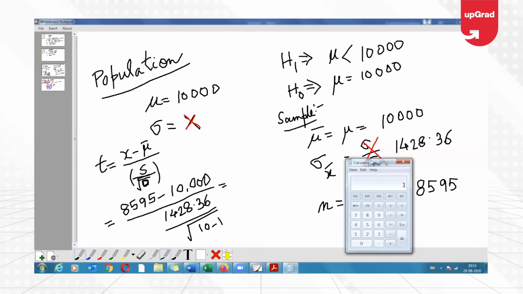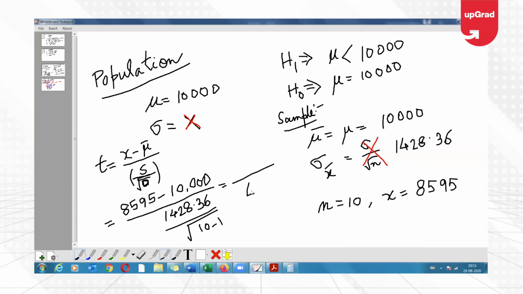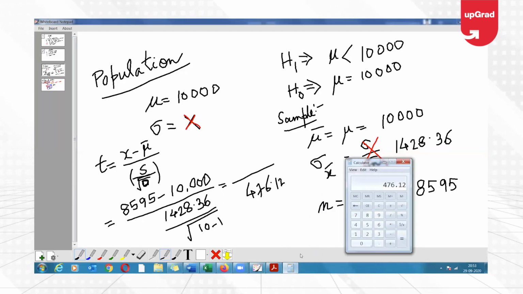Let's first calculate the denominator. 1428.36 divided by 3 is 476.12. So this is the denominator, 476.12. Now let's come to the numerator. 8595 minus 10,000 is minus 1405.